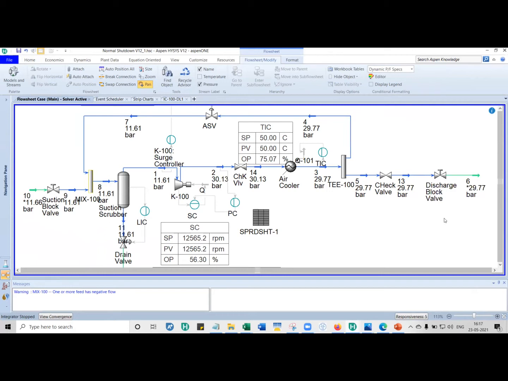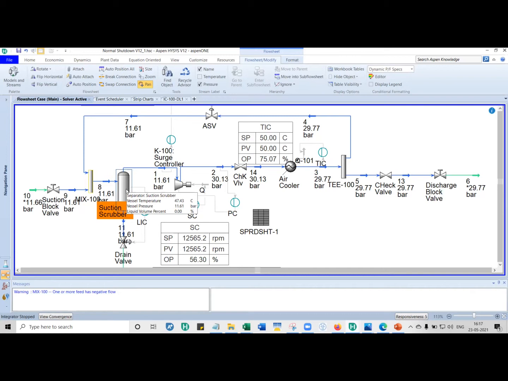Okay. So this is a case where I think this is a normal shutdown. When you build a compressor model, the kind of information you need is, one, your equipment volumes. Remember, HYSYS is only a thermodynamic solver. It is only interested in the volumes.